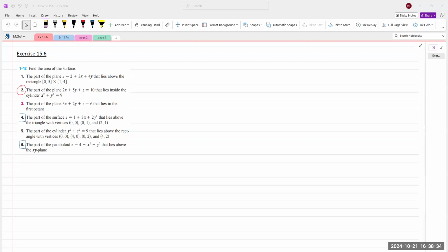If we remind ourselves a little bit, suppose we have the domain D here with the surface S, and we want to find the area of S. Sometimes I denote it by only A(S).